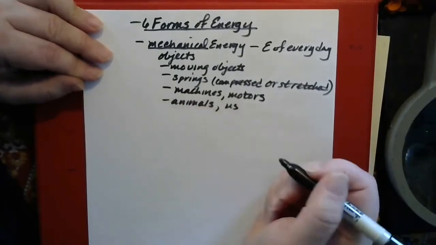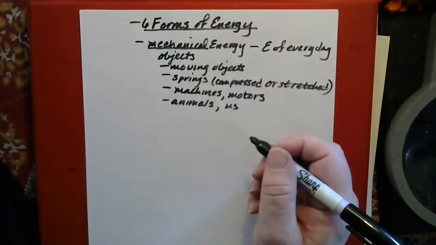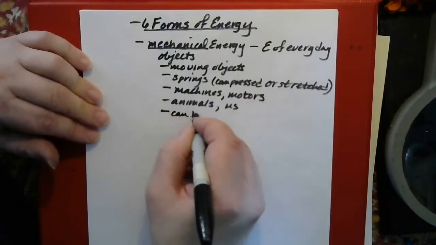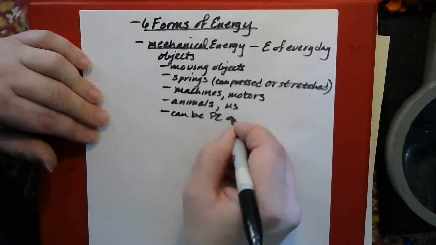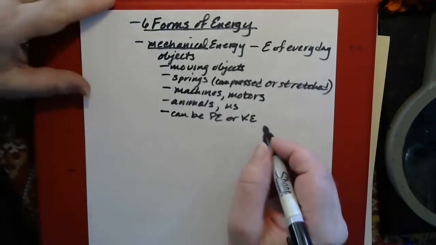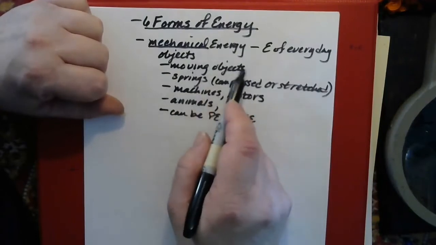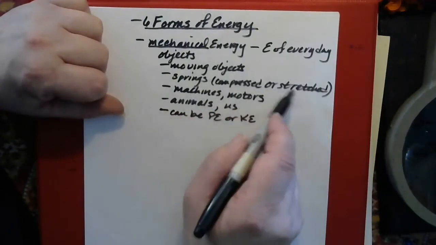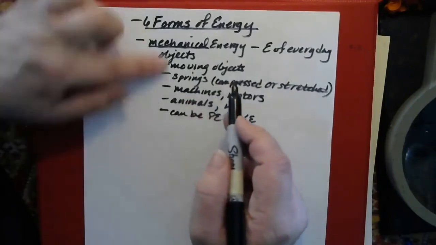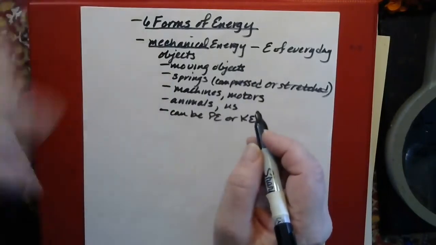Animals, us, all have mechanical energy. Mechanical energy can be either potential energy or kinetic energy. As you may have noticed from the things I named off, moving objects, that's kinetic energy. But compressed or stretched springs, that's a kind of potential energy. So actually mechanical and most of these others would be kinetic energy also. So that could really be either one.